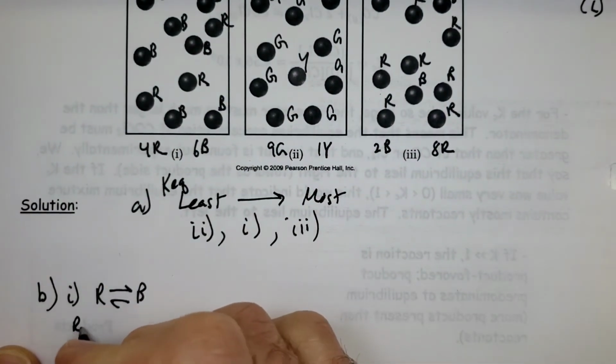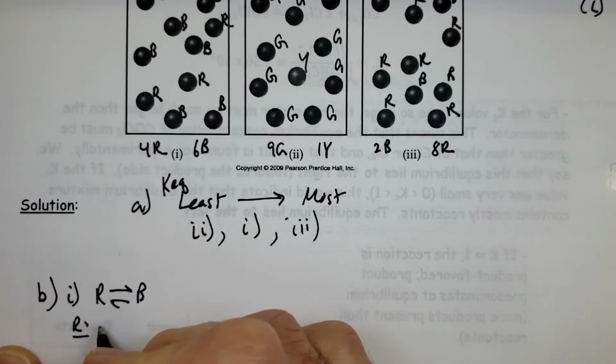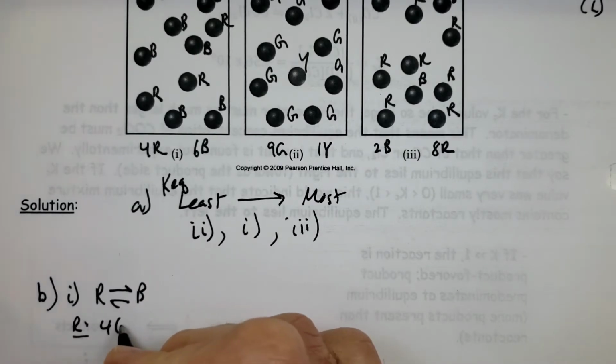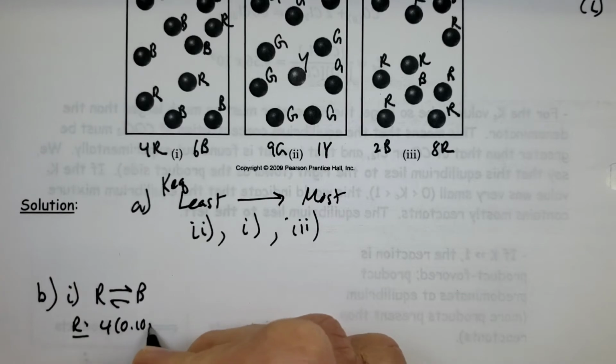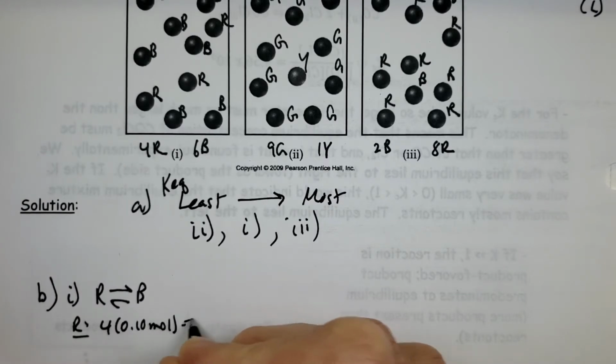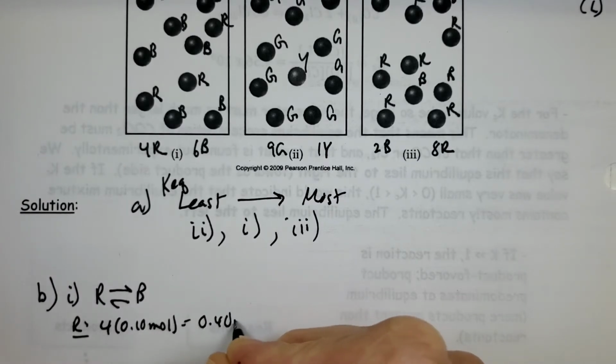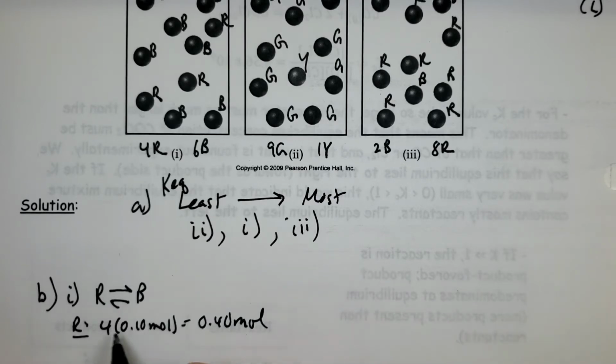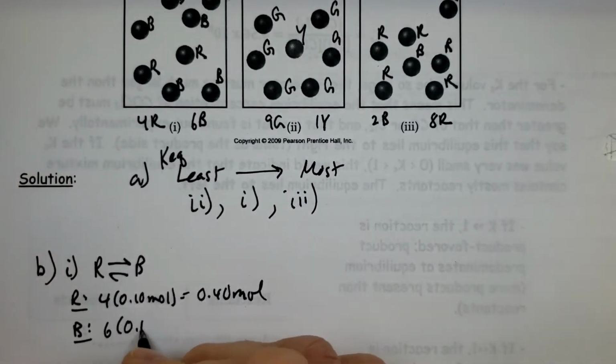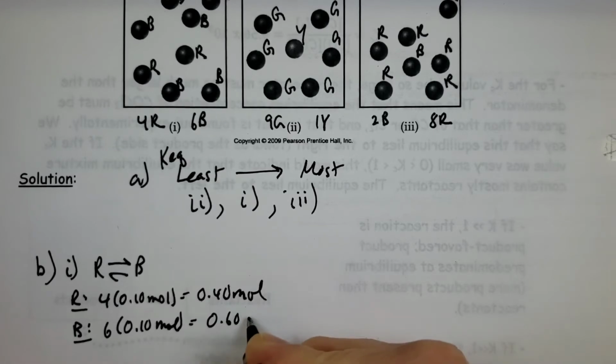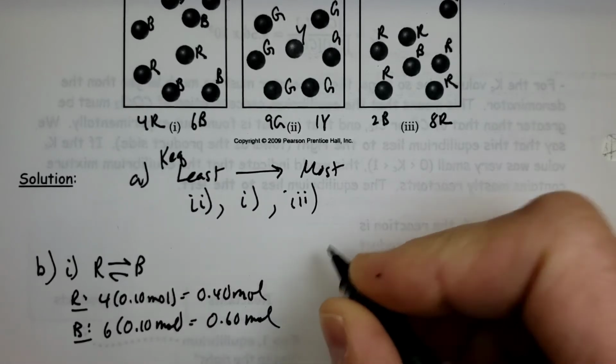For red, we have 4 of those spheres, and each one is 0.10 moles, so that's going to give us 0.4 moles overall. For blue, we have 6 spheres, and if each of those spheres represents 0.1 moles like we were told, that's going to give us 0.6 moles. And I could do that for all of them here.